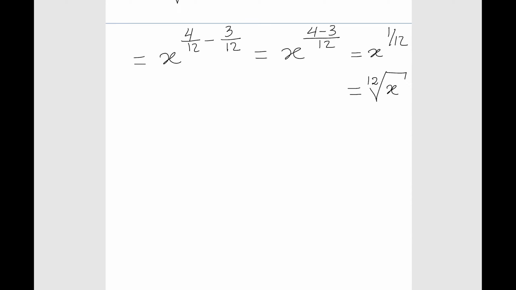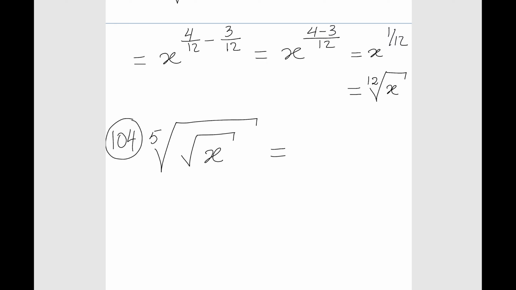Well, let's do 104. It's the 5th root of the square root of x.